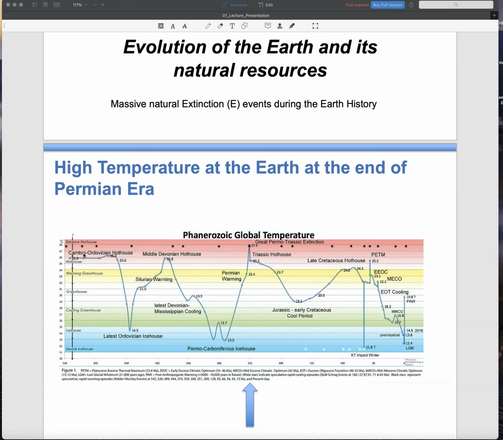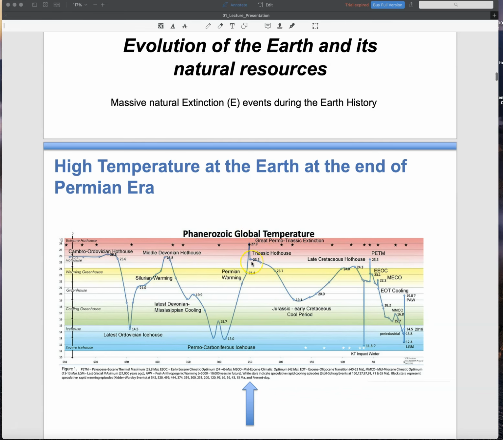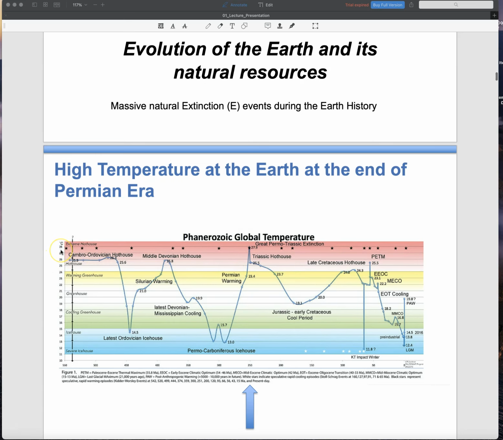So, for instance, when we faced that extinction 250 million years ago, it has been recorded, and we know, that we got at that time an extreme greenhouse effect.